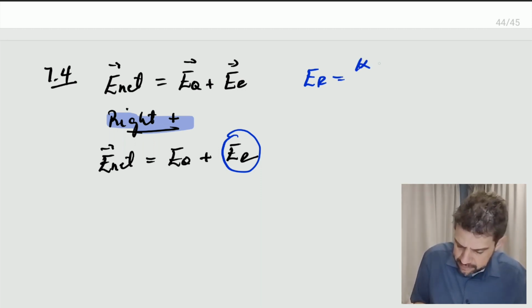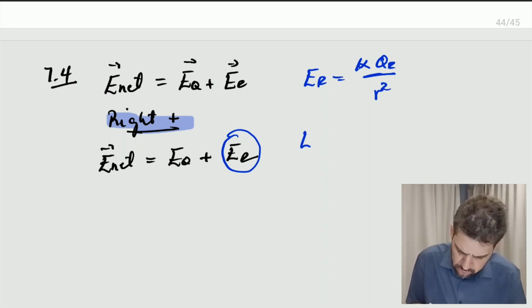We can calculate it if you want, guys. It's KQR divided by distance squared. So, in fact, we are going to do it here. K is 9 times 10 to the 9.